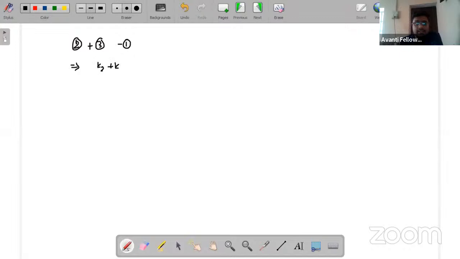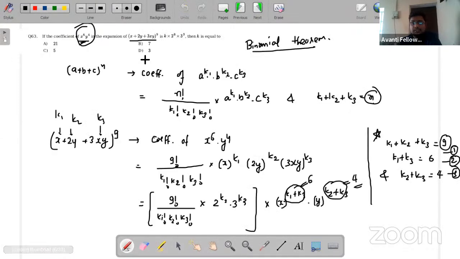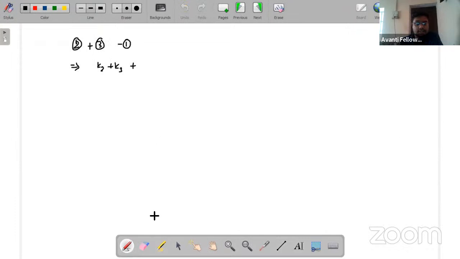k2 plus k3 on the LHS of equation 2 is this. Similarly, the LHS of equation 3 is, sorry, here it is k1, so k1 plus k3. On the left hand side, here again k2 plus k3.